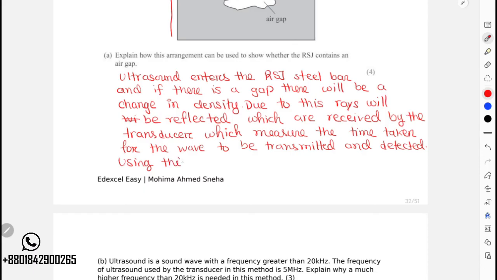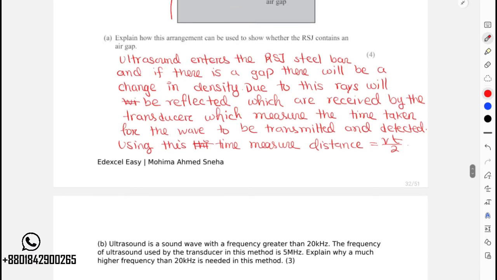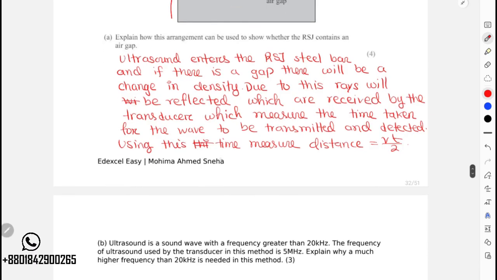Using this time, measure distance with v t over 2. So if the measured distance is less than the width of this RJS steel bar, then there is a crack, right?